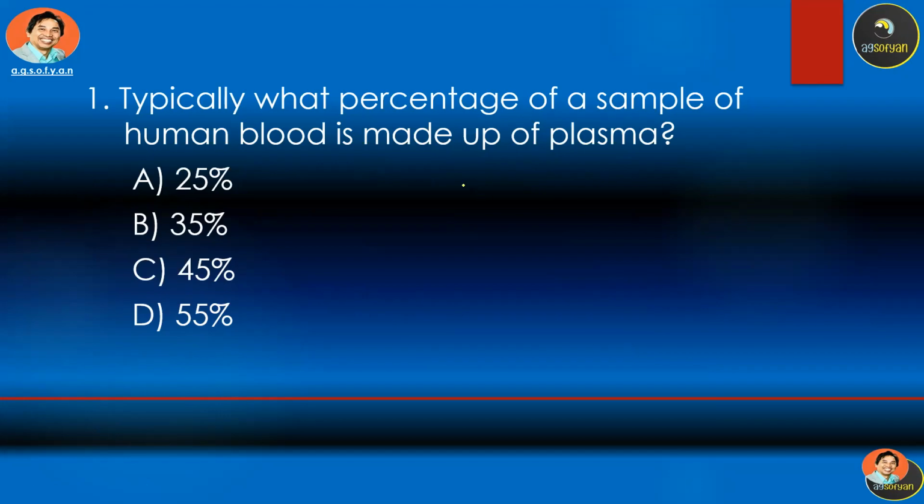Okay, now remember, if you centrifuge the blood sample, it will give you 2 or 3 regions.